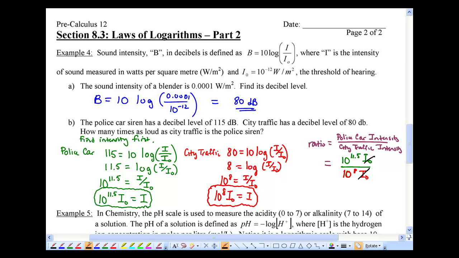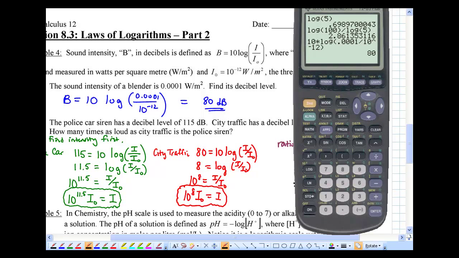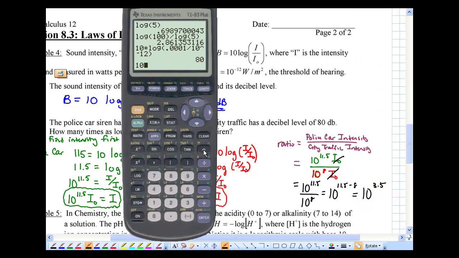I naught cancels. I have 10 to the power of 11.5 divided by 10 to the power 8, which means we just subtract the exponents. 10 to the power of 3.5. And if you want a number, how about 3,162 times as loud?